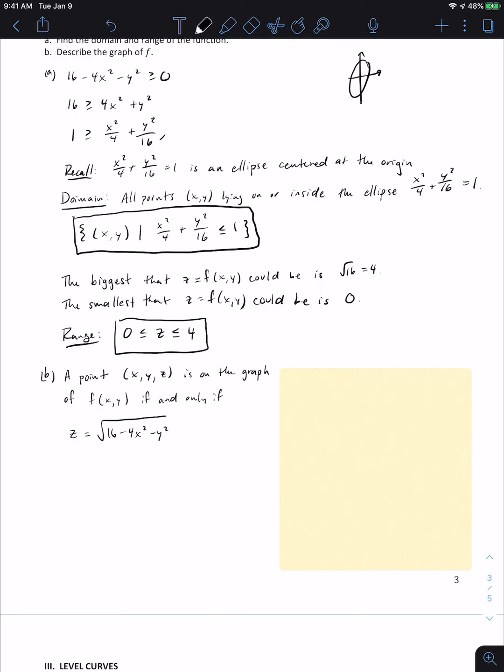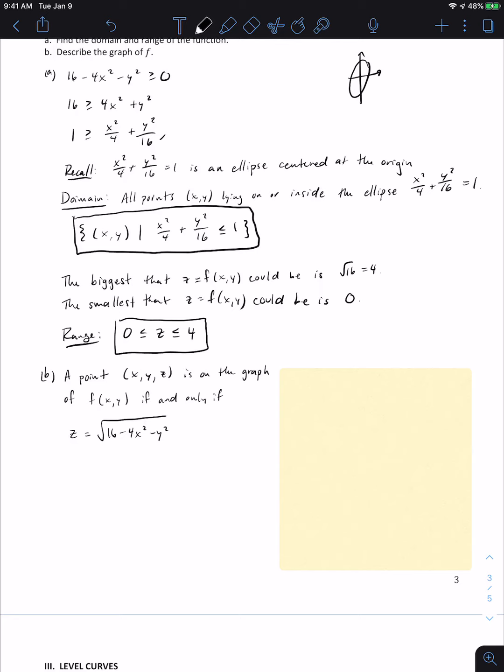So if I have a random number that I plug in for x, and a random number that I plug in for y, and when I plug in that x and y value I get this specific z value, then I know it's a point on the graph, and this equation holds.